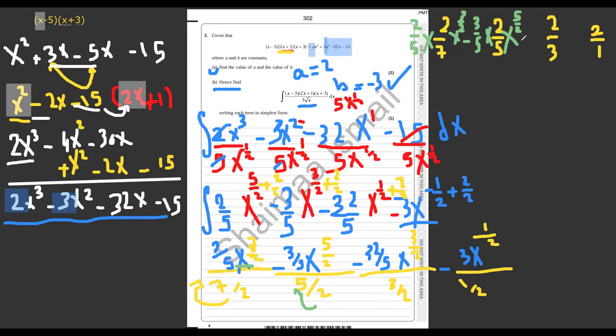Minus 32 over 5, multiplying it by 2 over 3, x to the power 3 over 2. Then minus here the 3 multiplied by 2, multiplying by the 2, x to the power half. Okay, and multiply the fractions together.